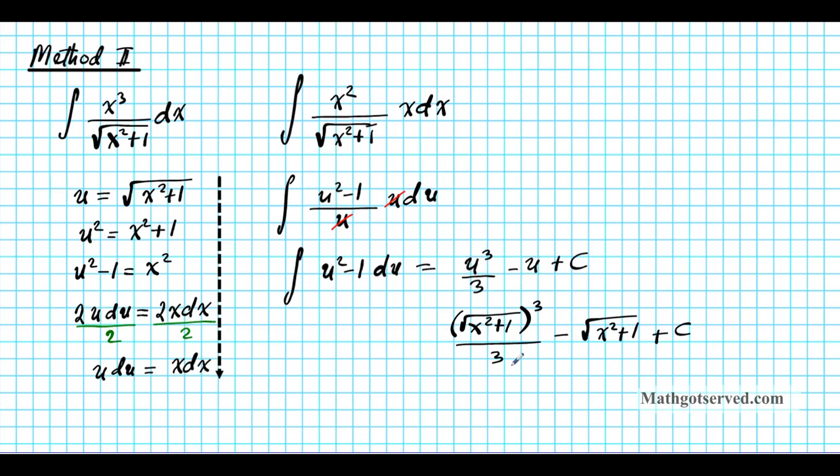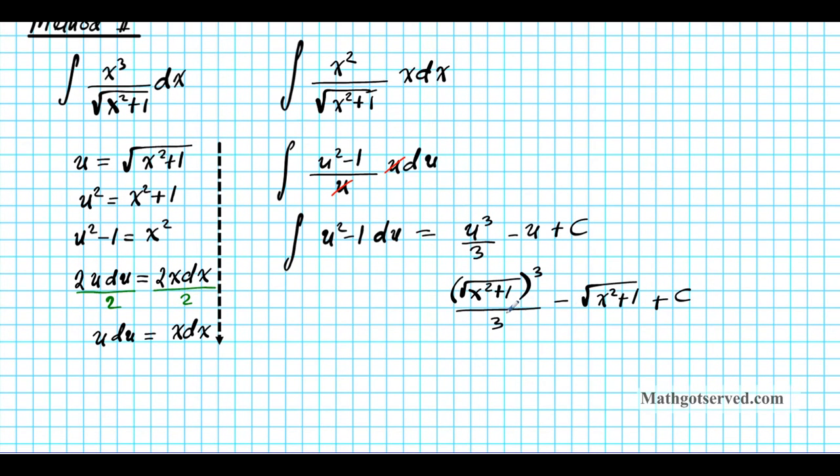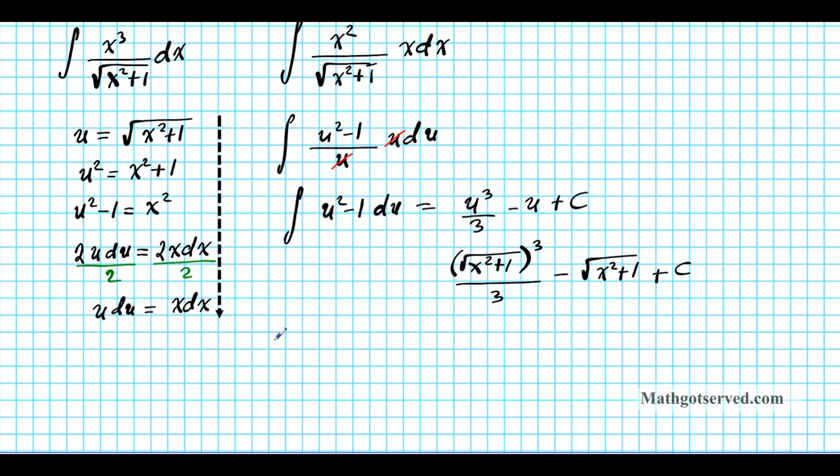Okay, now let's do some cosmetics here to make this problem look pretty. So what we're going to do is rewrite this in the following format. I'm just going to simplify it a little bit. So you can write it as the square root of x squared plus 1 squared times the square root of x squared plus 1 over 3 minus, we can find the LCD in this situation here, so we can combine the two fractions.